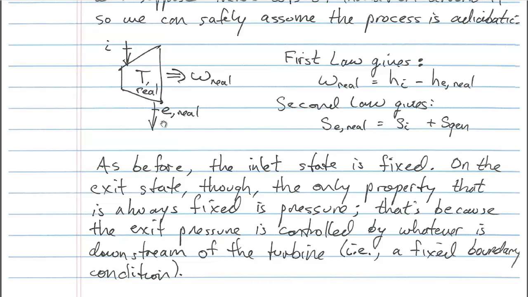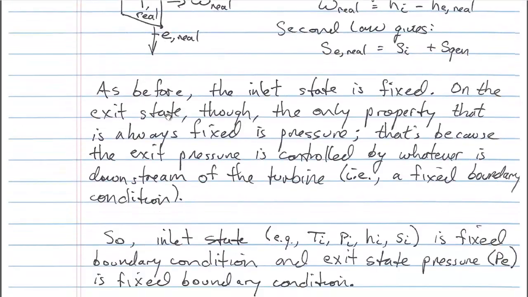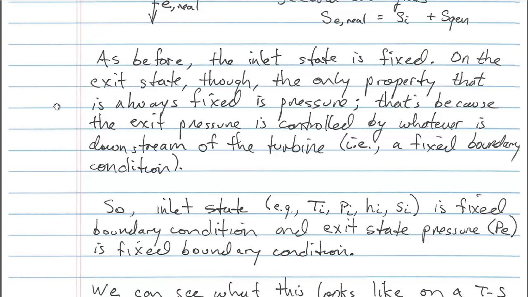And pressure is a boundary condition to a steady state work device, whether it be a turbine, a compressor, or a pump. Okay, so what that means is that we have a fixed inlet state and we have a fixed exit pressure. So in the case of the inlet state, we may, for example, know what the inlet temperature is, the inlet pressure, inlet enthalpy, inlet entropy.